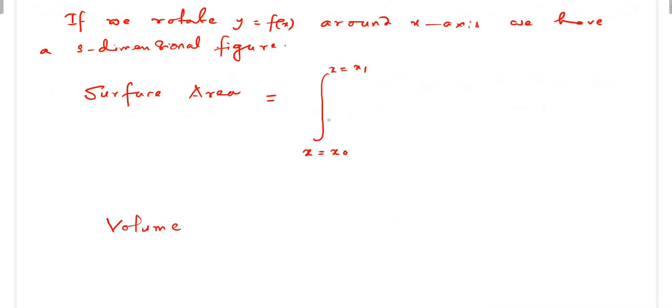So it is 2 pi times integration of y times ds, the elementary surface area. Or you can write this as integration x0 to x1, 2 pi outside the integration, y times root over 1 plus y1 squared.